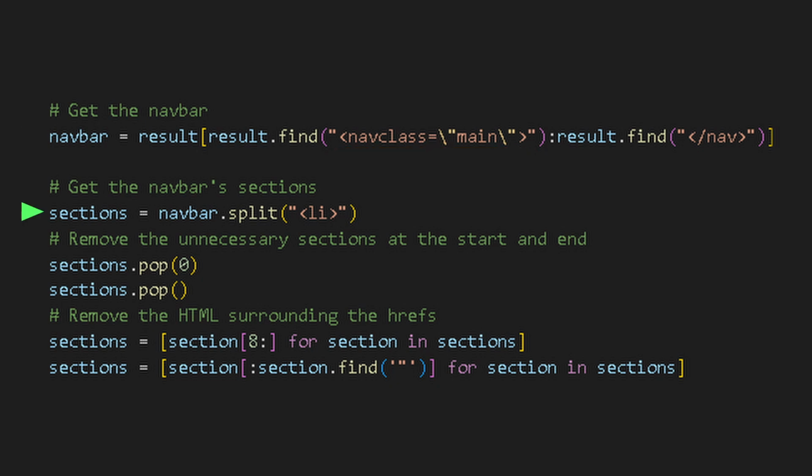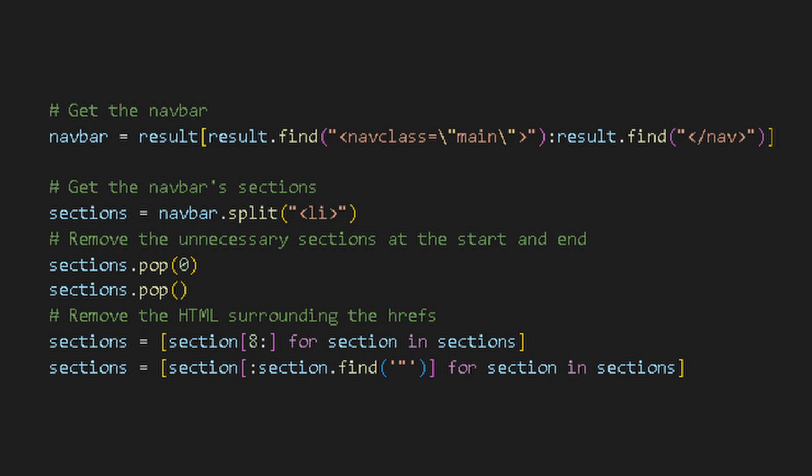Then, in order to get each section, we simply split the string based on open bracket, li close bracket, which is what each section starts with, and we remove the unnecessary parts of the navigation bar via sections.pop, which will pop the unnecessary parts in the list before we finally remove the HTML surrounding the URLs containing section URLs via a bit more string manipulation.